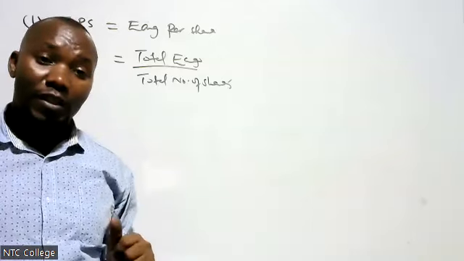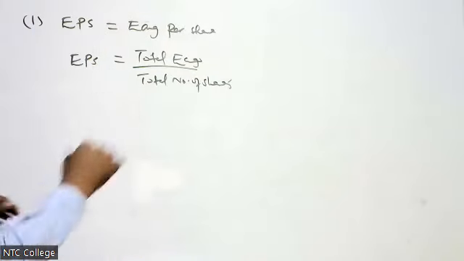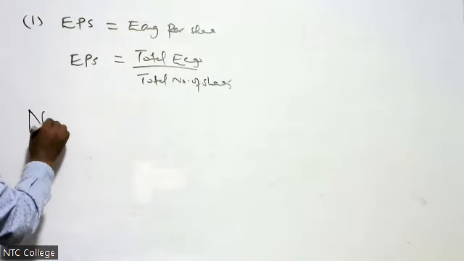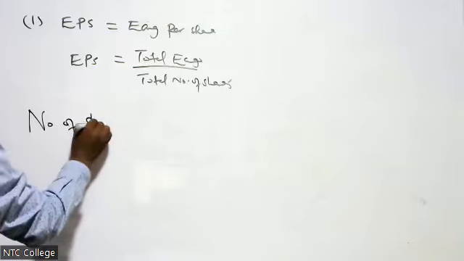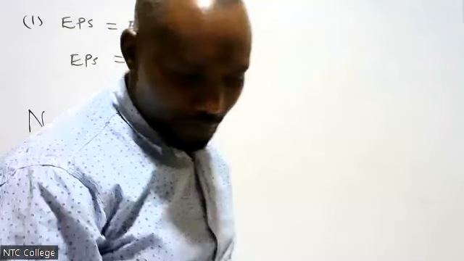And do we have the number of shares? We are not given. So the number of shares, how do we get it? Can somebody tell us how we can get the number of shares with the information that we have?